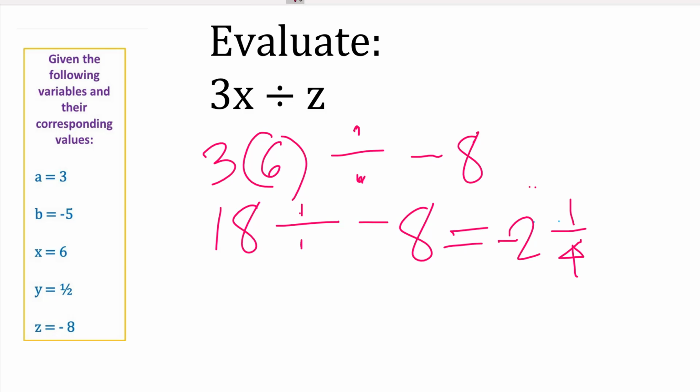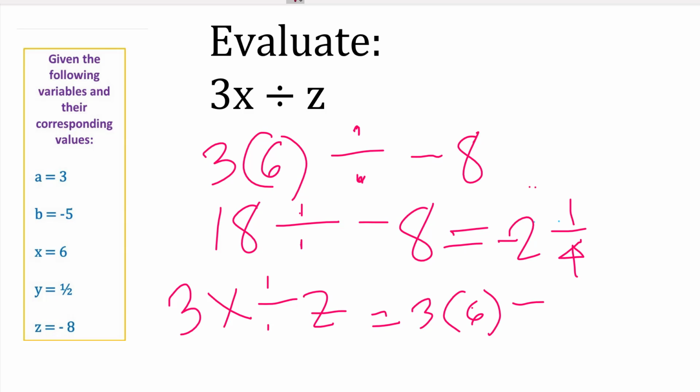So to go back to the original expression, 3x divided by z, if and only if x equals 6 and z equals -8, then we will have 3 times 6 divided by -8, and this is equal to negative 2 and 1/4.